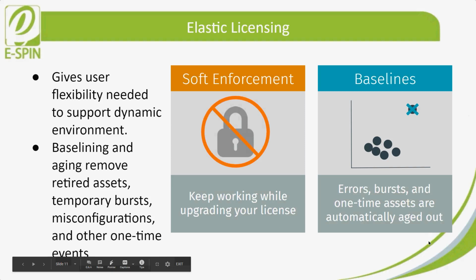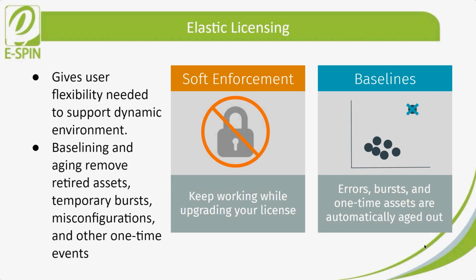Let's move on to the licensing innovation. Elastic licensing gives the user the flexibility needed to support dynamic environments, with baselining and aging to remove retired assets, temporary bursts, misconfigurations, and other one-time events. So with this combination of asset-based and elastic licensing, we call this elastic asset licensing.